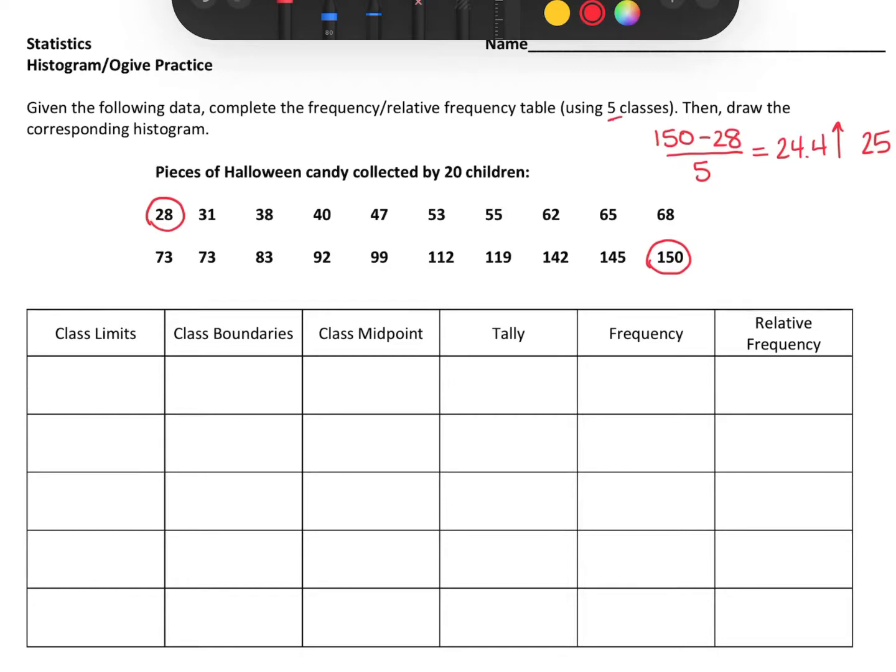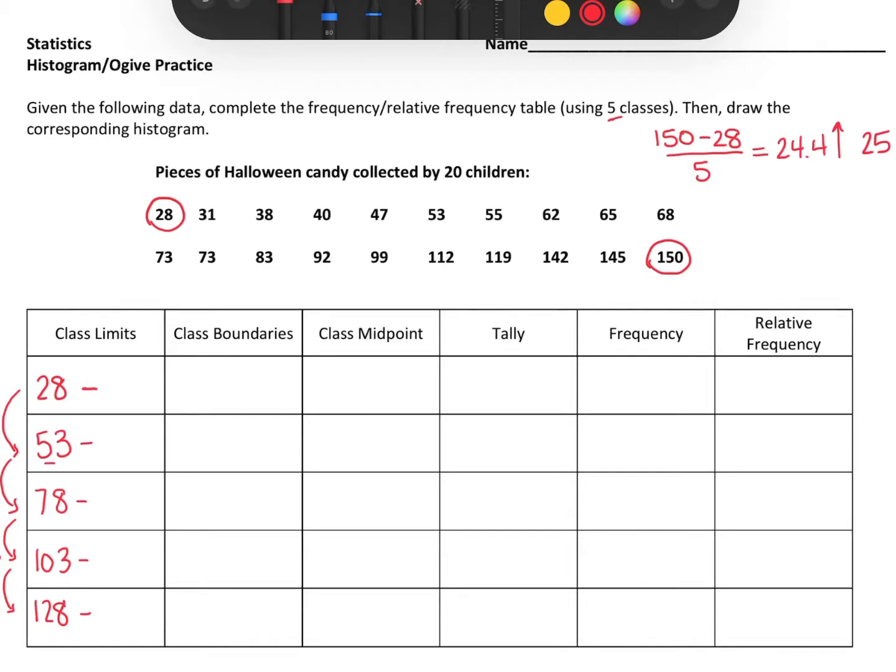We're going to start our class limits with our lowest data value. And remember that it's smartest to get those first lower bounds first, and we're going to do that by adding 25. Now that we have those lower bounds, we can check the upper bounds.